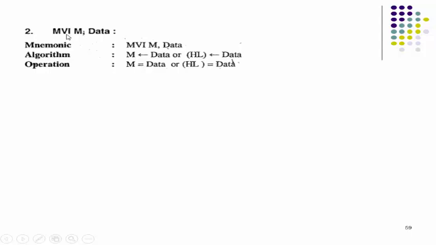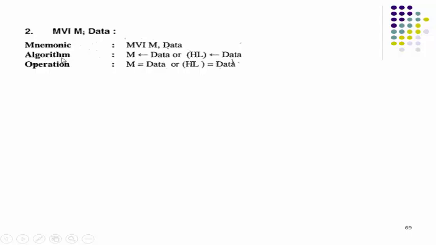So MVI M is nothing but move immediate 8-bit data in the specified memory pointed by memory pointer M or pointed by memory pointer HL.